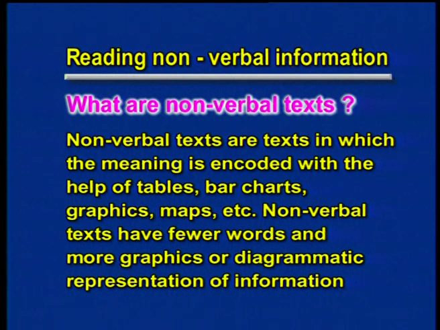Why do we need to read non-verbal information, you may ask? Very often we find that textbooks and reference material, even papers, theses, dissertations use tables, graphs, etc. to convey information.